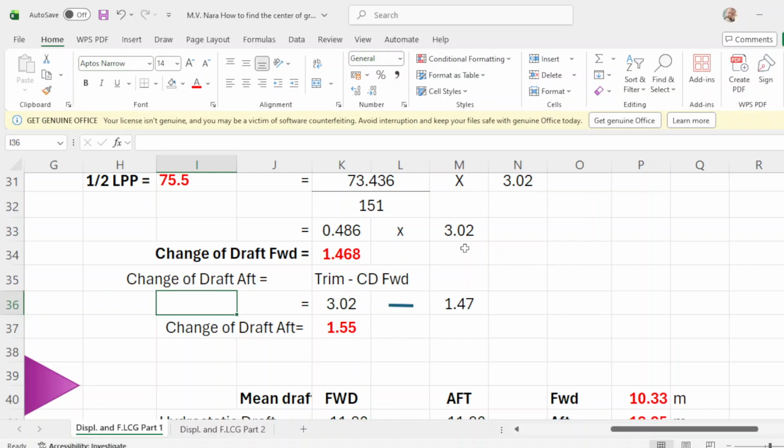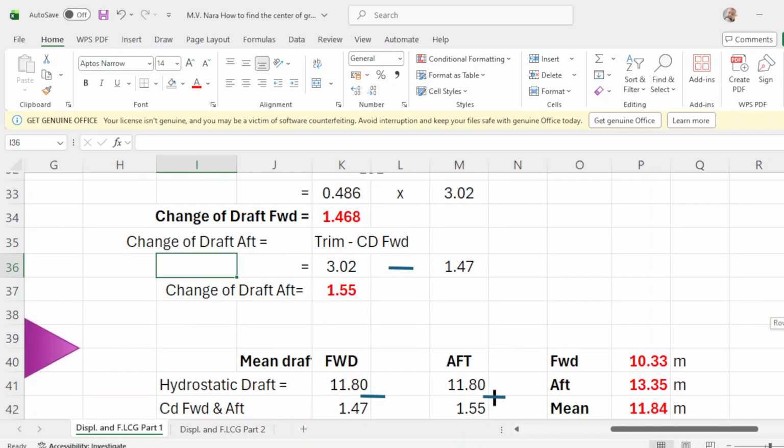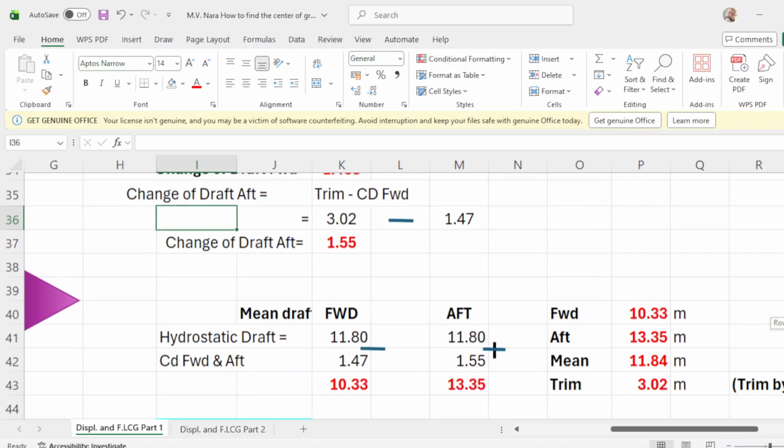Transpose: trim is 3.02 minus your change of drop forward, 1.47, and change of drop up will be 1.55. Okay, now do the equation.